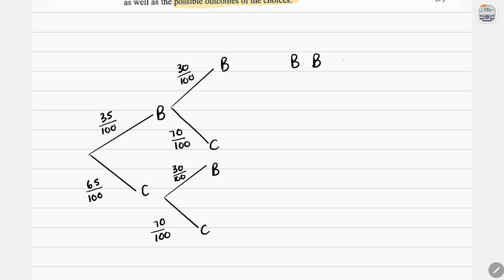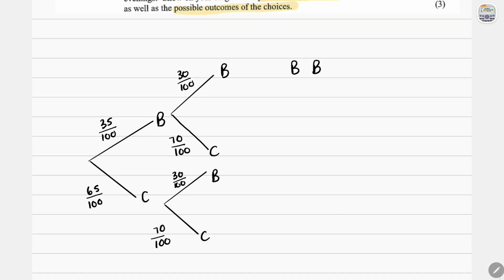We can actually just start multiplying them. They said show the probability of the outcomes. So the total probability of beef and beef would be 35 over 100 multiplied by 30 over 100. And we'll get those values.